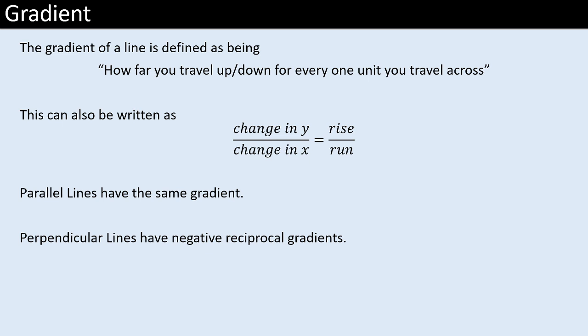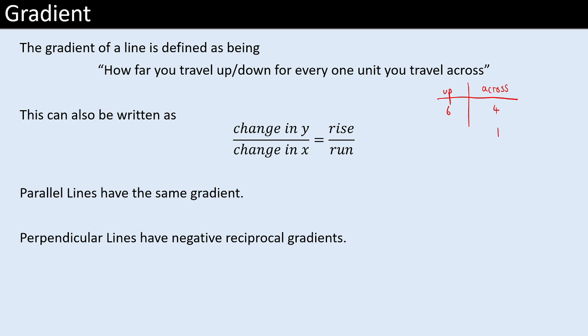So how far we travel up or down for every 1 unit we travel across. Okay, and thinking about where we've seen these ideas before, I've seen people thinking about their gradients using tables like we use for proportion. So if we were going 6 units up, but we were going 4 units across, this wouldn't do me for knowing a gradient.